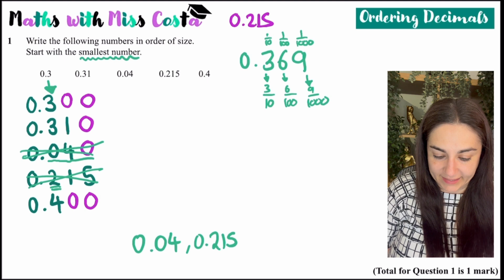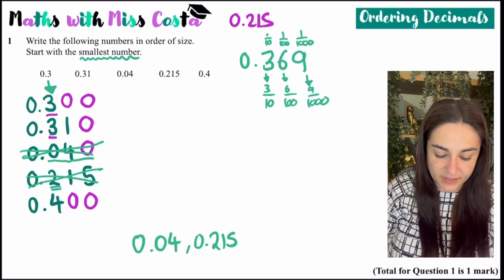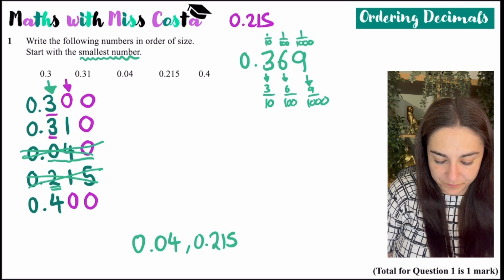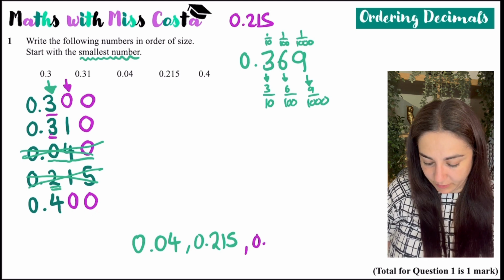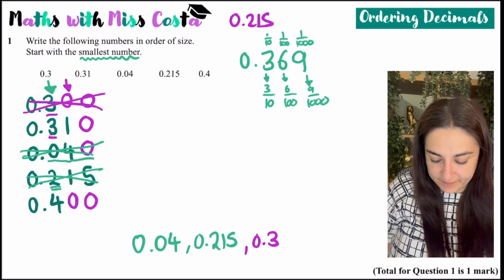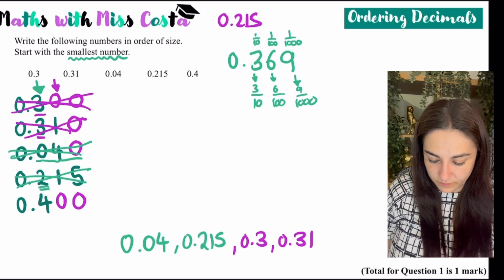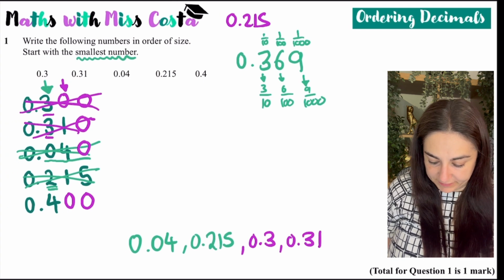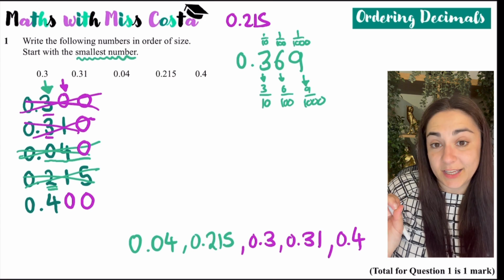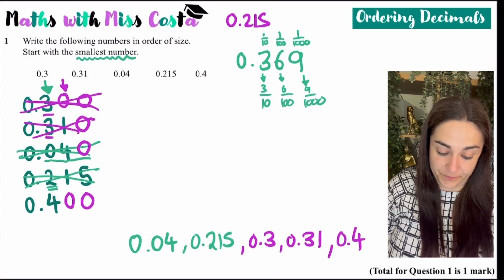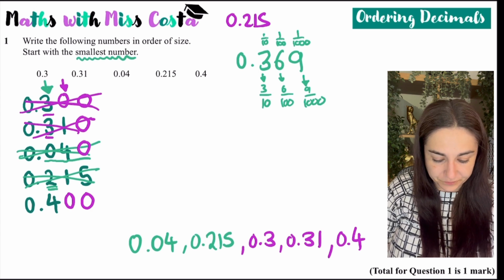Then I've got 2 numbers that have the same value, 3 and 3, so I look next door and I'm looking for the smallest one. 0 is less than 1, so that means that 0.3 must be next, and 0.31 would come after. And that leaves me with the final one, which would be 0.4. So either you can fill in all of the digits with zeros, or you can look at the place value.